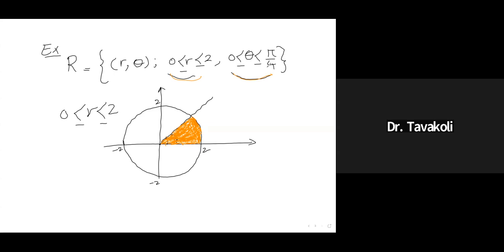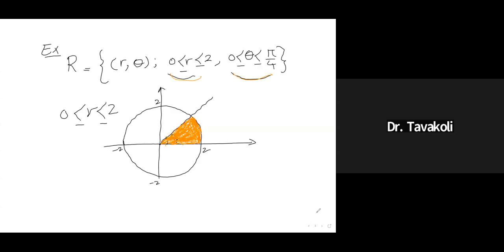Let me do another example. Suppose the region R that I have consists of all the r and thetas, such that in the previous example, r was running from 0 to 2.